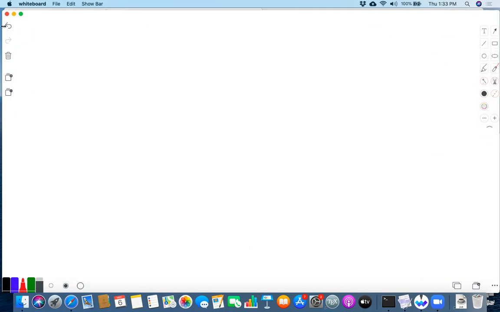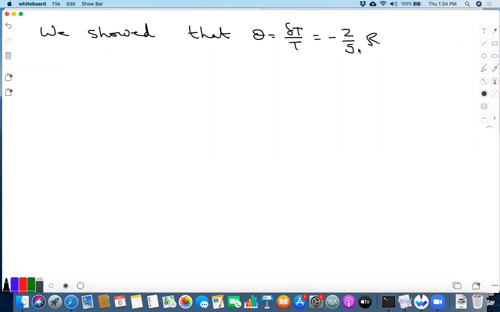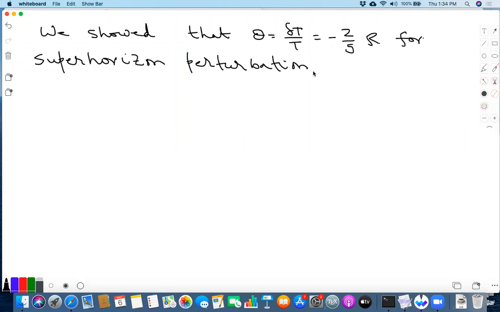So let's recall what we have shown so far. What we showed is that theta, which is delta T over T, is given by minus 2/5 R. And this is, first of all, for superhorizon perturbation, and in this gauge.